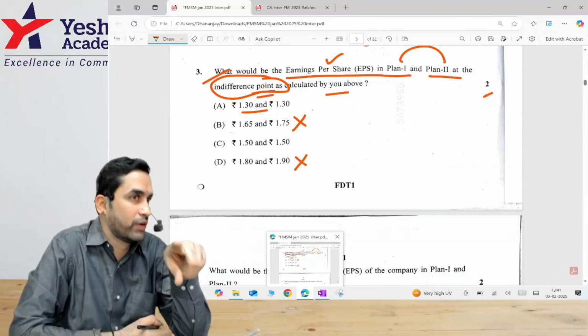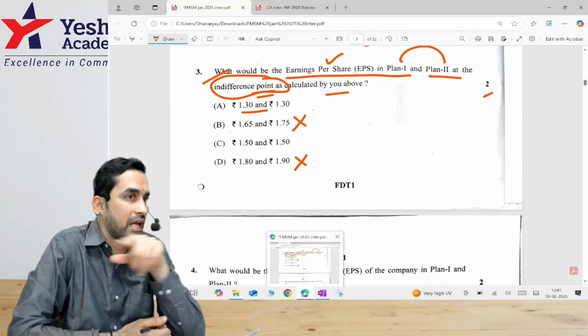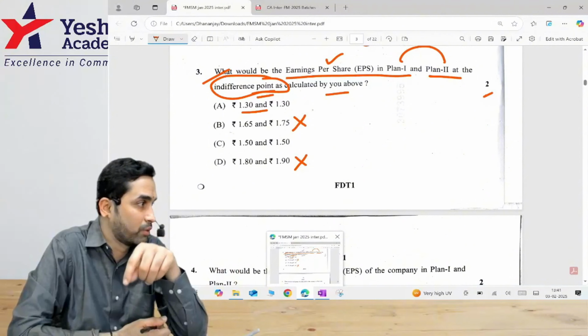If you remember, in one of the class questions we calculated EPS, and I added one classwork. I said in class we will work out the EPS also.